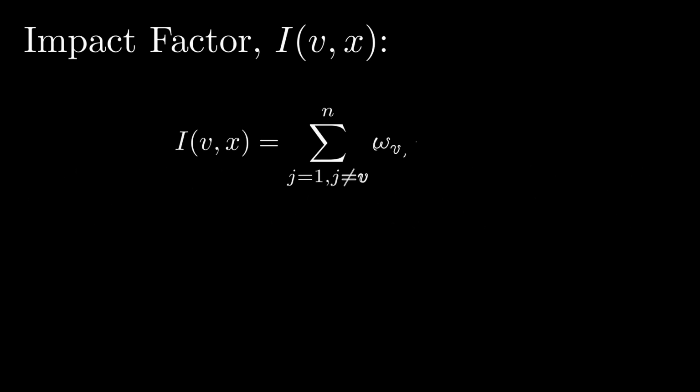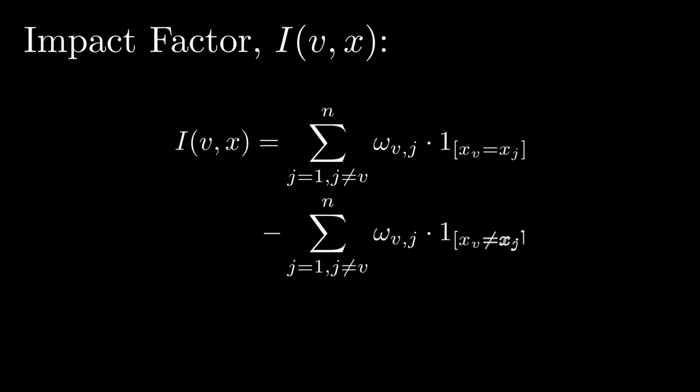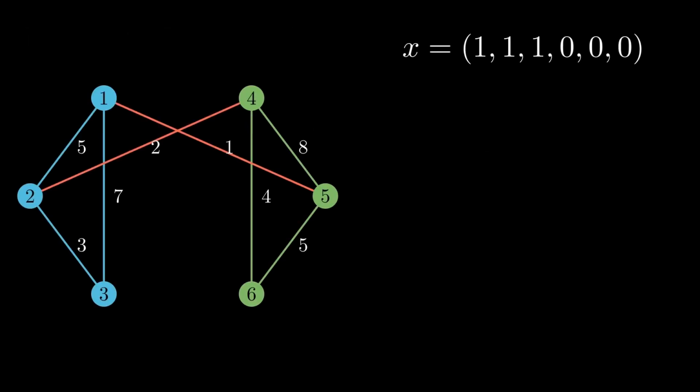The formula adds the weights of the edges that v is connected to which are inside the set where v is, and subtracts the weights of the edges that cross to the other set from v. Let's calculate the impact factor of vertex 1 as an example. To do so, we need to add the weights 5 and 7, since vertices 2 and 3 are connected to vertex 1 and all are in the same set.